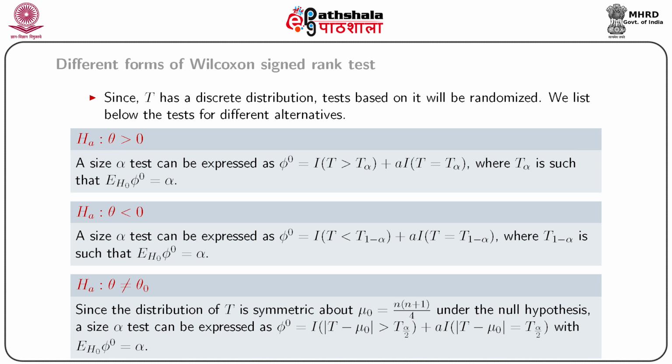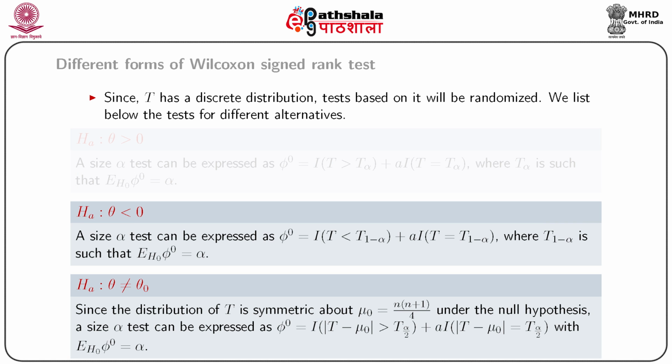Next, we summarize the different forms of the Wilcoxon Signed Rank test. Since T has a discrete distribution, tests based on it will be randomized. Assume the alternative theta greater than 0. Then a size alpha test can be expressed as phi naught equal to indicator T greater than t alpha plus a times indicator T equal to t alpha, where a and t alpha are such that the test is of size alpha.